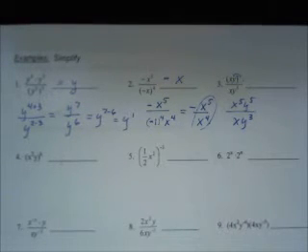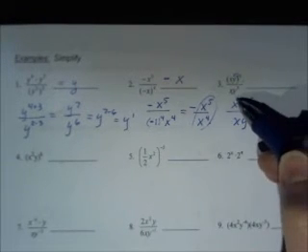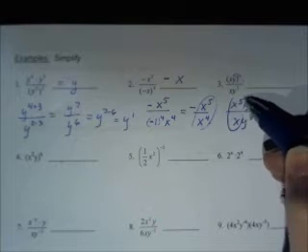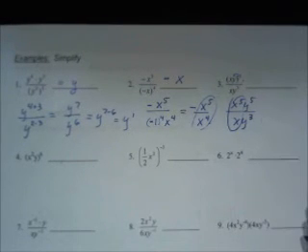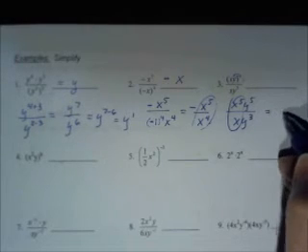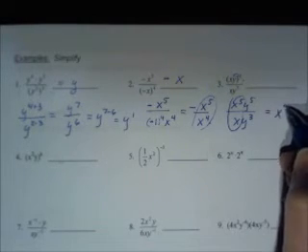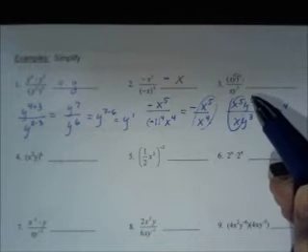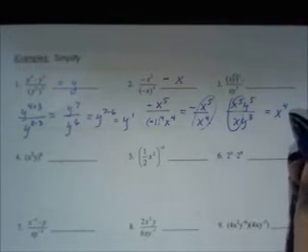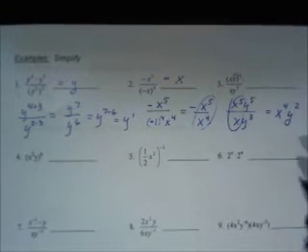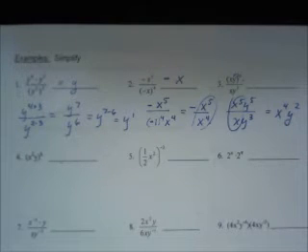Now, the like variable bases. X to the 5th divided by x to the 1st is x to the 4th. And then y to the fifth divided by y to the third, you're going to subtract the exponents, and that would be y to the second. So that's equivalent to x to the fourth, y to the second.